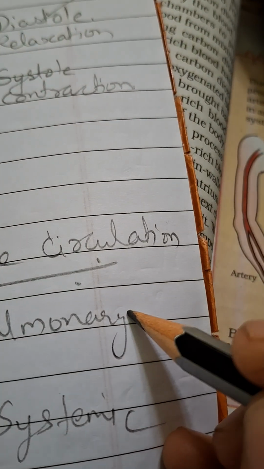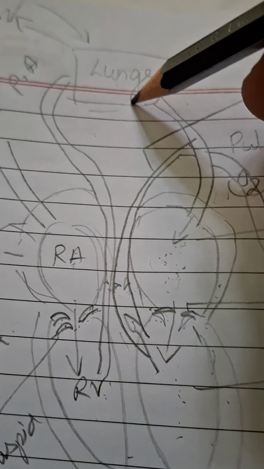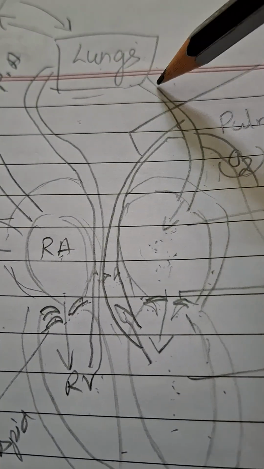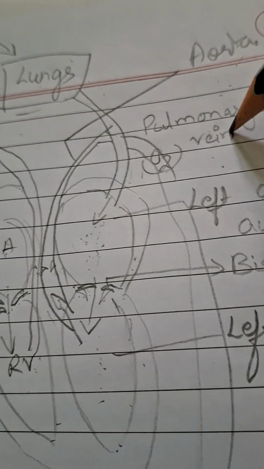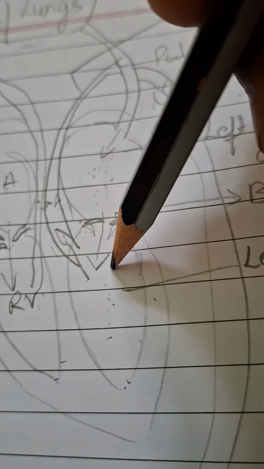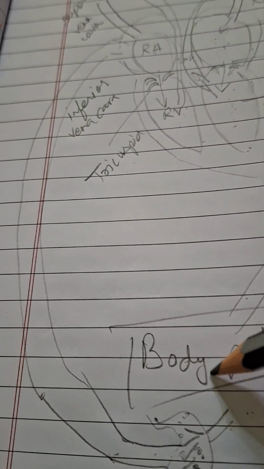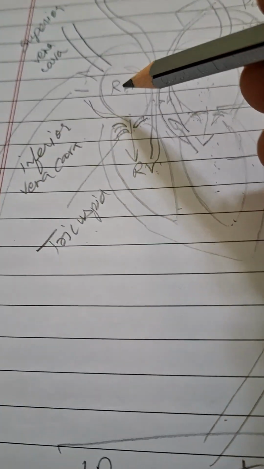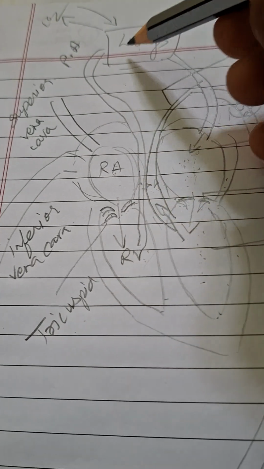Now pulmonary, whenever you hear that word, it is always related to the lungs. The lungs send the oxygenated blood to the left part through the pulmonary vein. Then it goes to the left ventricle, aorta, body parts, vena cava, right atrium, right ventricle, pulmonary artery, lungs.